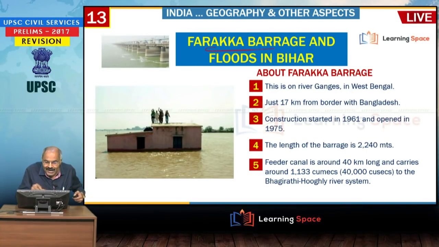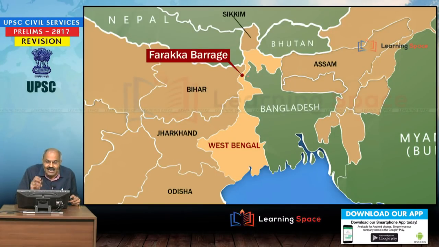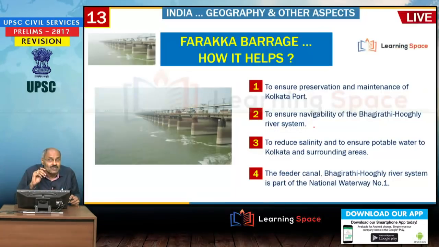Then the Farakka barrage came into the news. Farakka barrage is on river Ganga in West Bengal, just 17 kilometers from the Bangladesh border. Please look into this map. This is the location of Farakka barrage, just 17 kilometers from the Bangladesh border, and construction started in 1961, opened in 75. Here you may have a doubt, for what purpose was this barrage constructed?